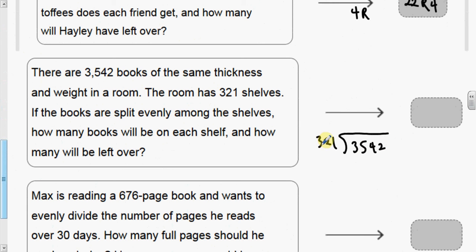So 321 goes into 5,342 16 times. So this is 11, remainder 11.